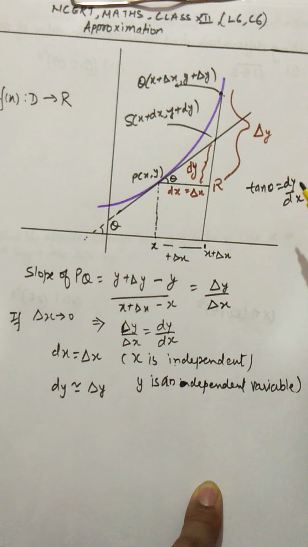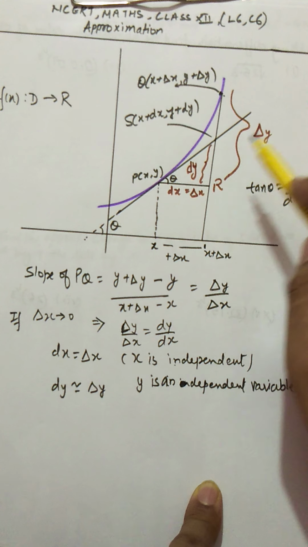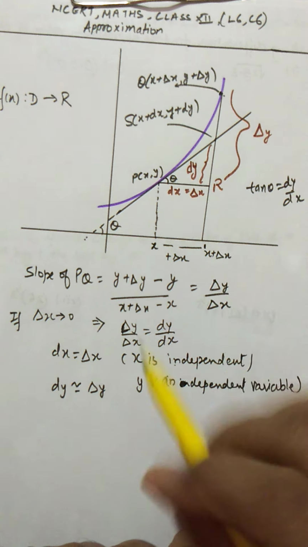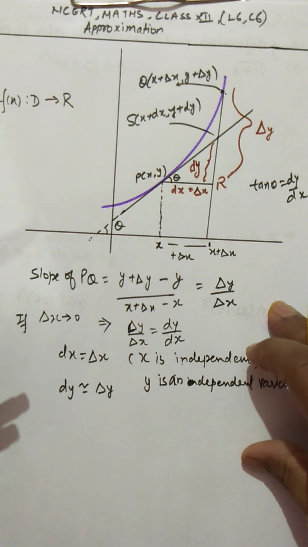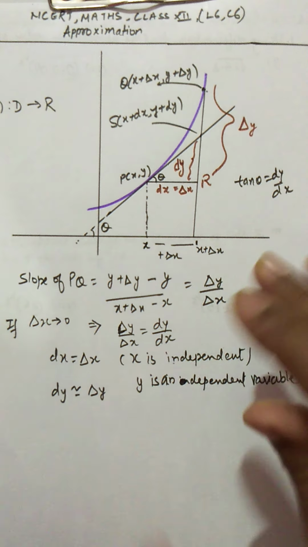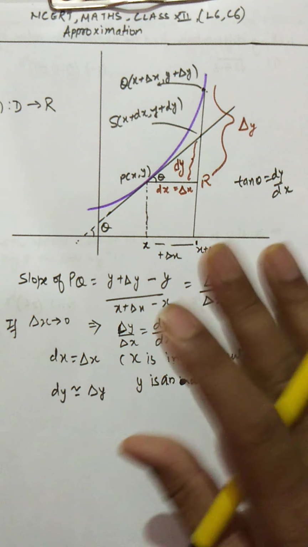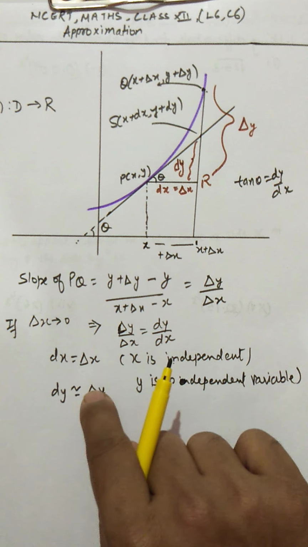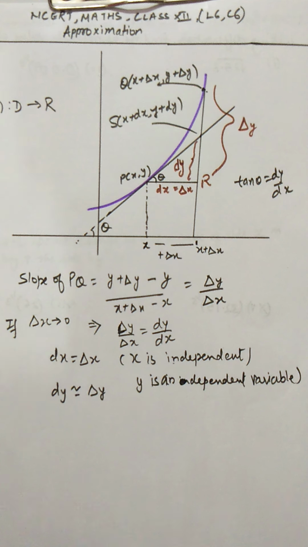So this is your dy, and you can see here dy and delta y are different, but they are not very different. They are approximately equal, but we can never say they are exactly equal. So that's why we use the symbol dy is approximately equal to delta y.